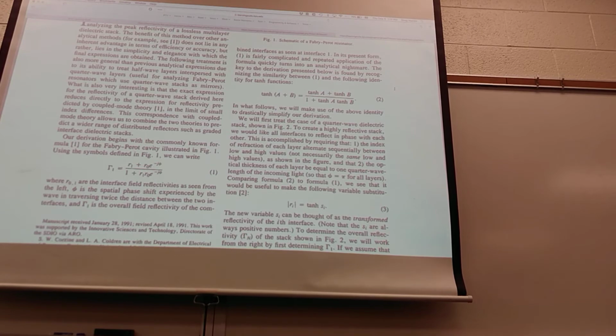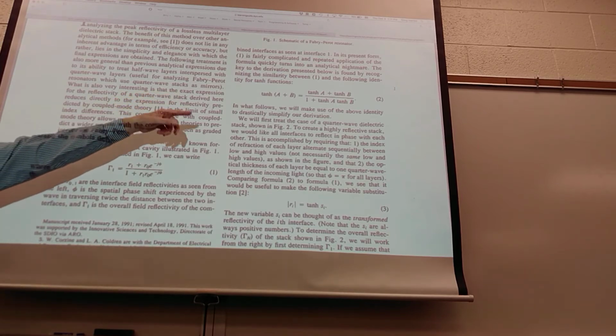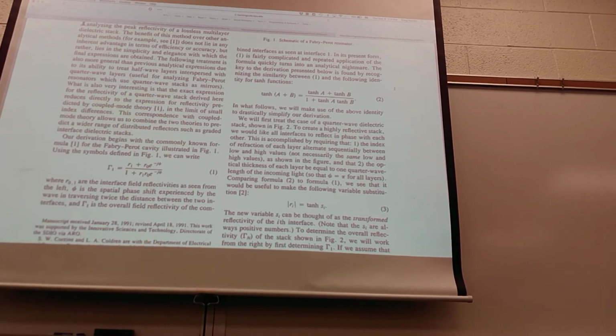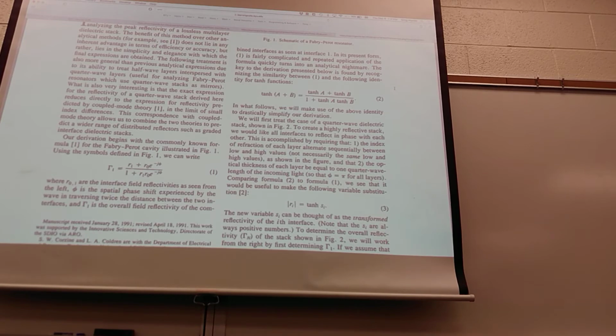A phi of 2 pi is a half wavelength thickness. So basically the method developed in this paper applies to quarter wave stacks where each layer thickness is either a quarter wavelength or a half wavelength. And if you restrict yourself to that case, then you can do everything analytically using this hyperbolic tangent substitution method. And that's what the paper is about.